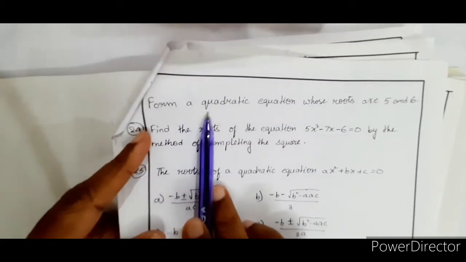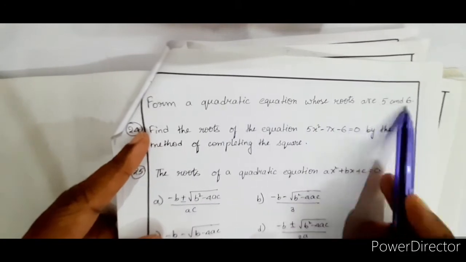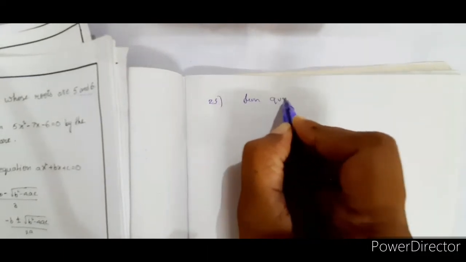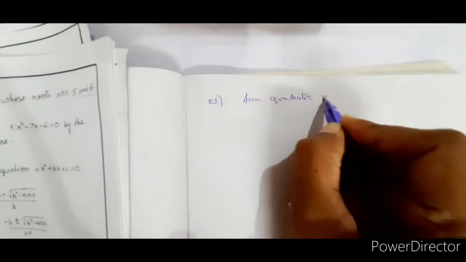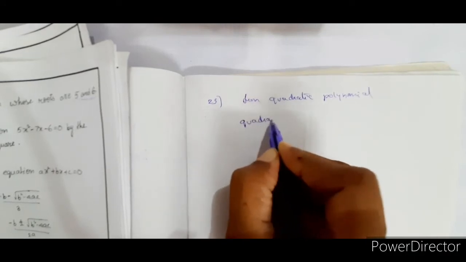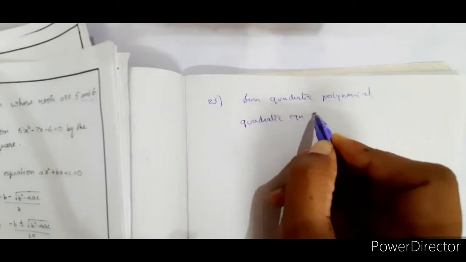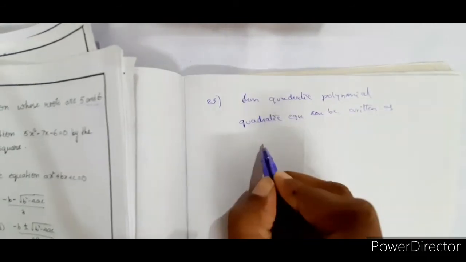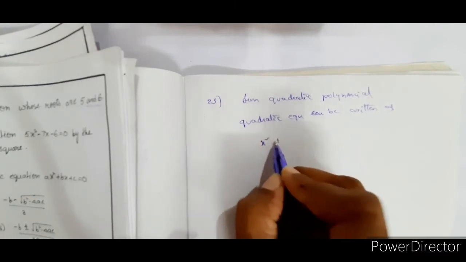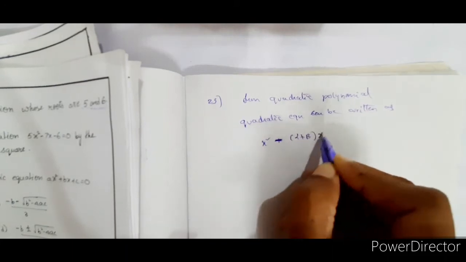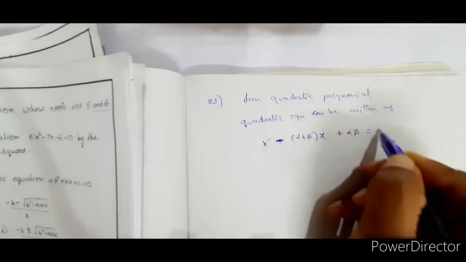Now 23rd problem. Form a quadratic equation whose roots are 5 and 6. Yesterday also we discussed that one. From a quadratic polynomial, the quadratic equation can be written as x square minus (alpha plus beta) x plus alpha beta is equal to 0.